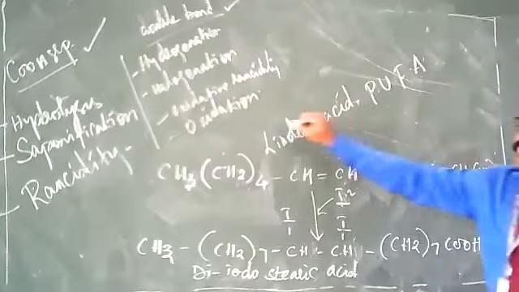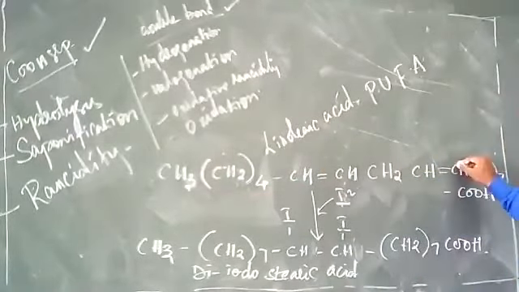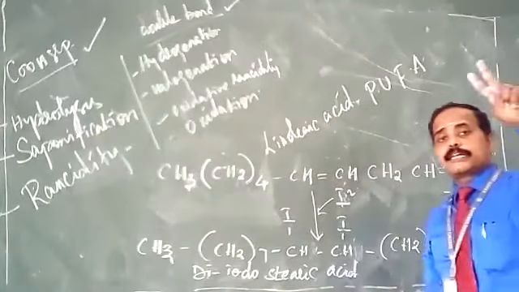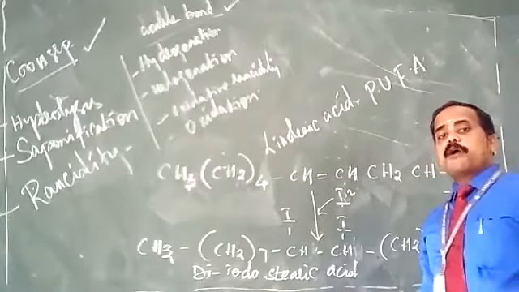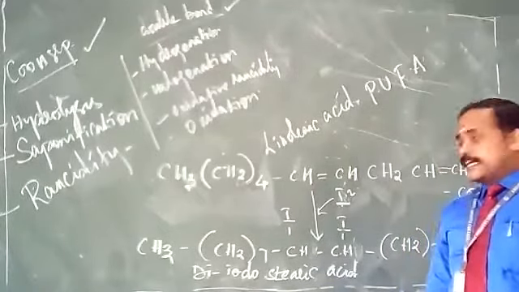So this is the structure of linoleic acid. Here 1 double bond is there, here 1 double bond is there. So it contains 2 double bonds, more than 1, so it comes under the category of polyunsaturated fatty acid.